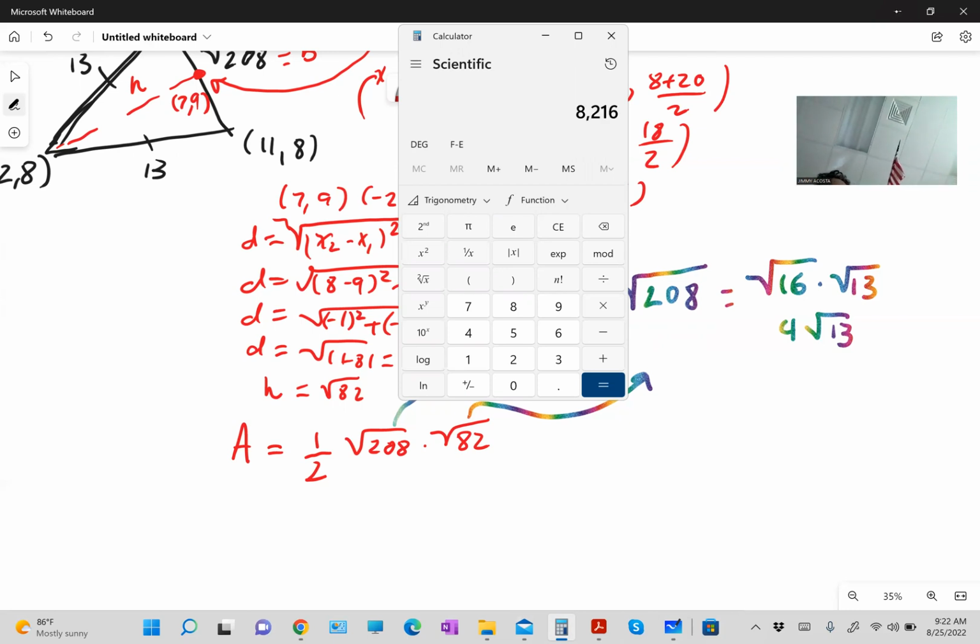I don't think 16 works. 82 divided by 16 doesn't work. 82 divided by 2, I know it works, but that's 41. I don't think I can do anything with the square root of 82 that makes it prettier. Does anybody know what I can do to make it look prettier? Yeah, you can't make it look prettier.